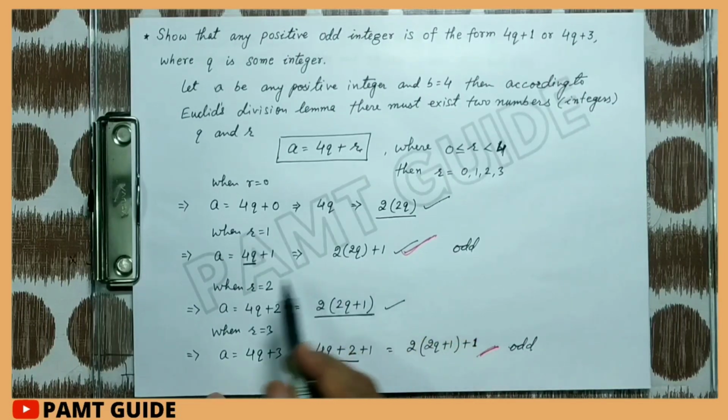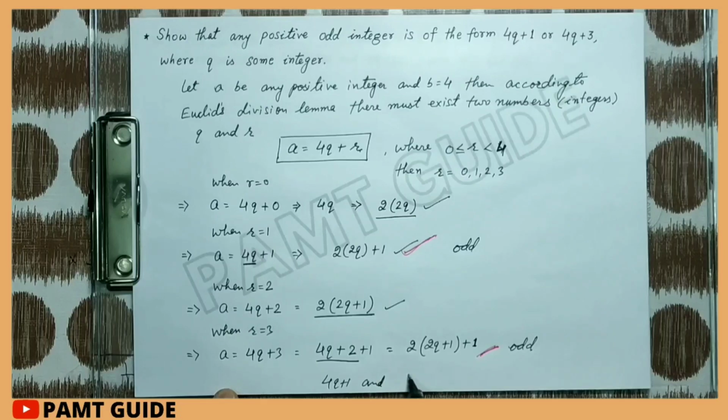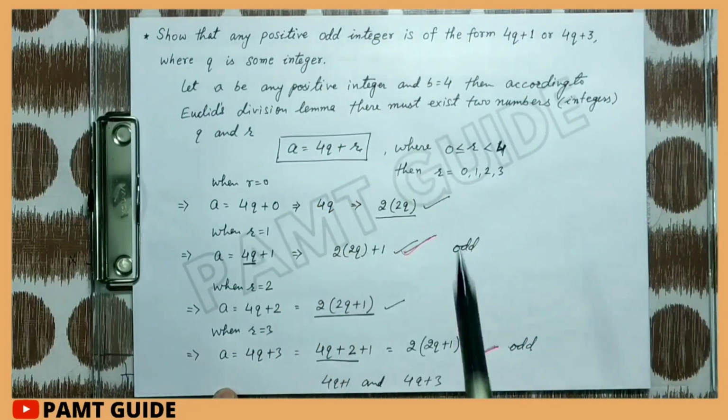So we can say that 4q plus 1 and 4q plus 3 are odd integers.